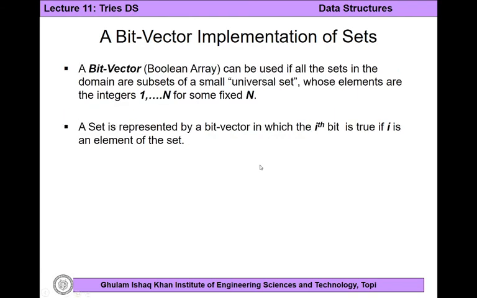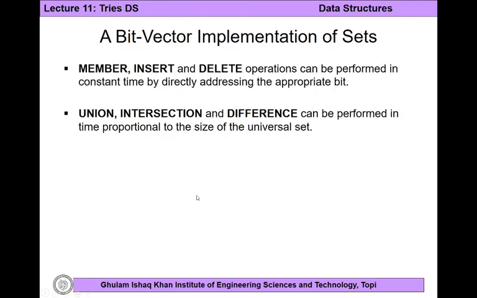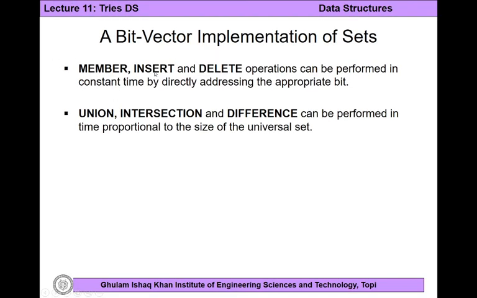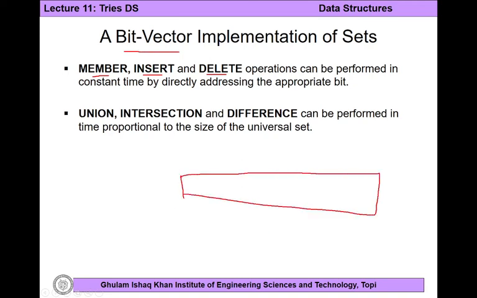Now keeping the implementation which I told you earlier in mind, if you want to see if a value is available in a set or not, if you want to insert a value in the set, or if you want to delete a value in the set using the bit vector representation, we simply need to go to that particular index, index 0, 1, 2, 3, 4 and 5.